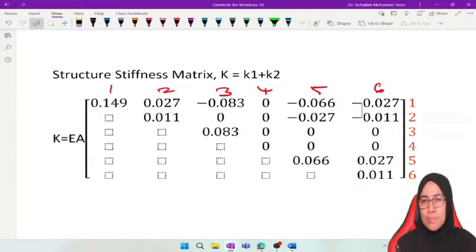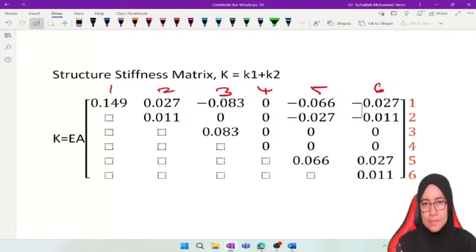So don't worry if you have put a different arrow or different label, it doesn't matter. It is just a matter of position only. That is how we analyze and establish the structure stiffness matrix.